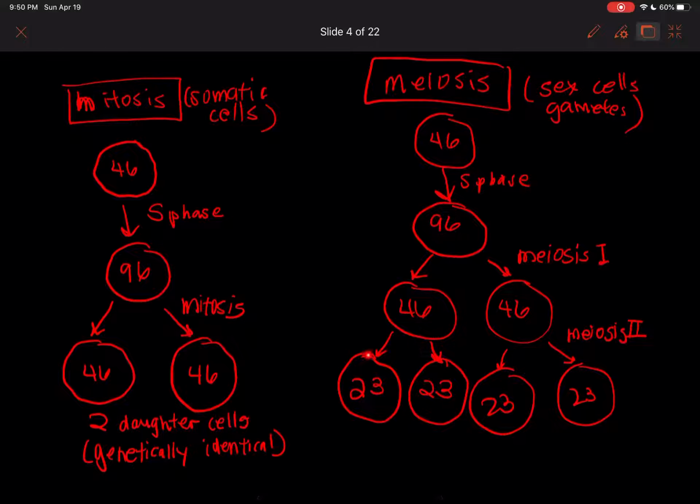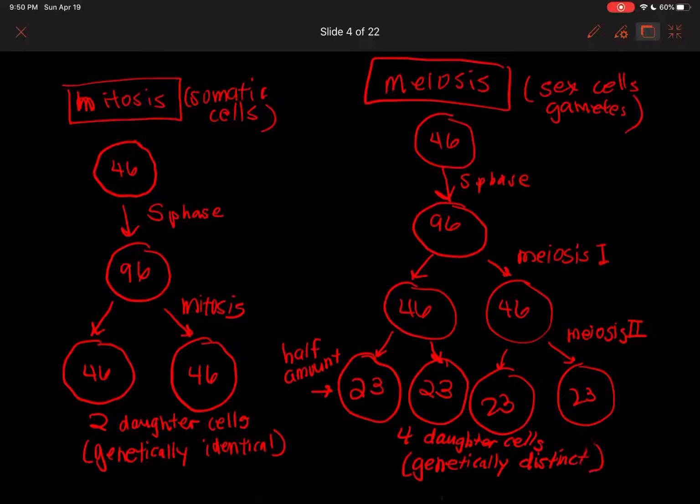This is why you're able to halve the amount of chromosomes here. And what you end up with at the end of meiosis 2 is 4 daughter cells. I will get to that point later in lecture, but they are genetically distinct, or different from each other. So that's the main difference between mitosis and meiosis.